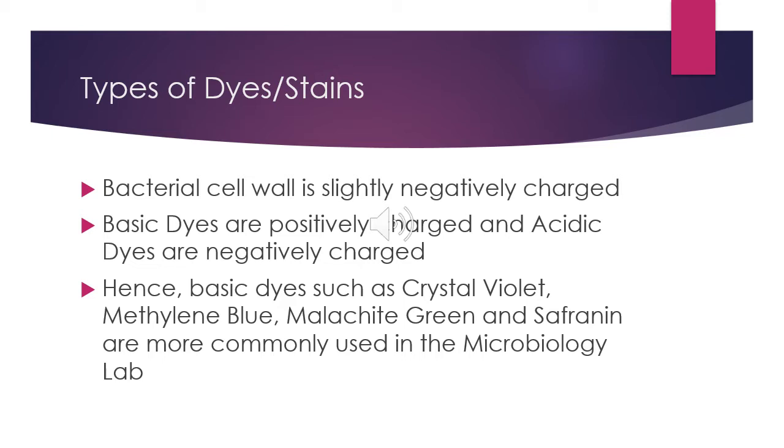So basic dyes in general are positively charged and acidic dyes are negatively charged. Hence, basic dyes are used more commonly, such as your crystal violet, methylene blue, malachite green, and safranin. They are most commonly used in staining bacterial colonies in smears.